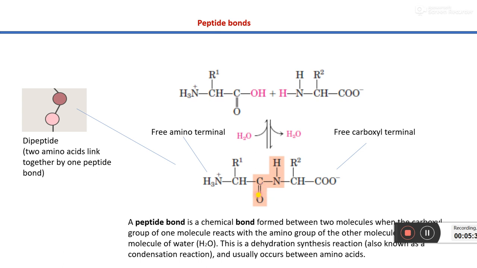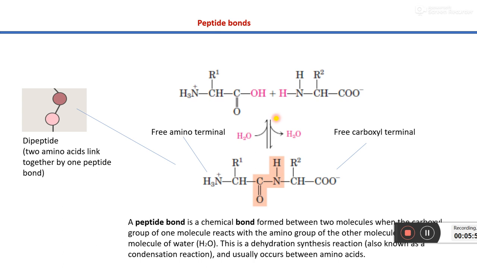Such a linkage is formed by the removal of water from the alpha amino group of one amino acid and the alpha carboxyl group of another amino acid. So peptide bond formation is an example of a condensation reaction.